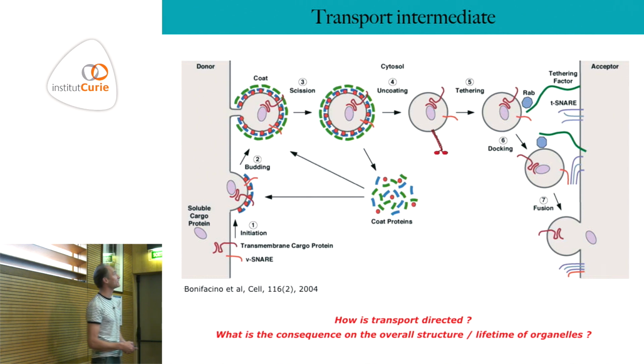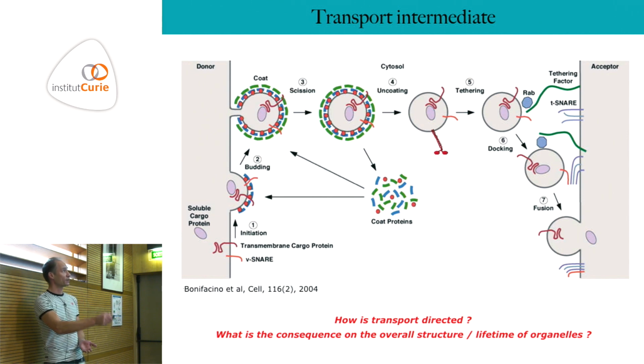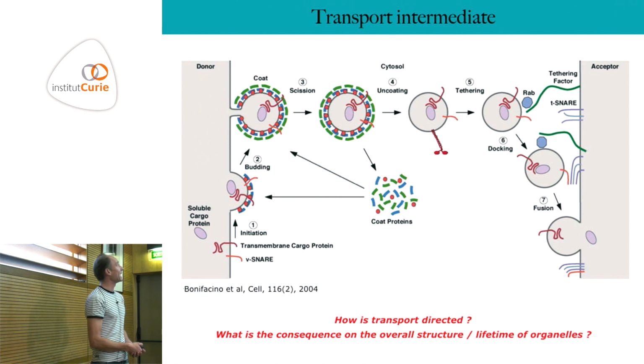So looking even a little more into the details of what is an exchange between two organelles. Here we've got a donor organelle, which could be the ER, for instance. Here we've got an acceptor, which could be the Golgi. As I told you, there is this protein coat that forms, and this coat protein interacts with some cargo. So when a vesicle is formed, the cargo is trapped inside.